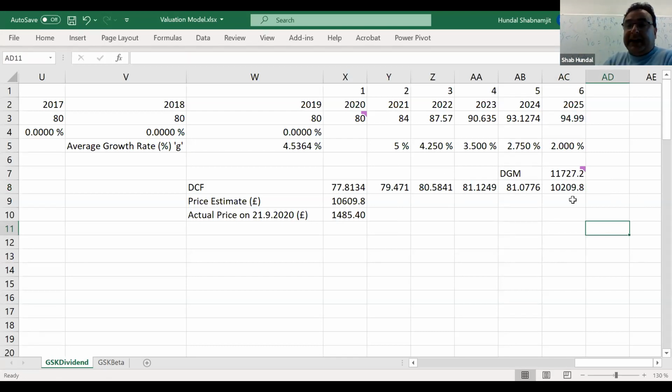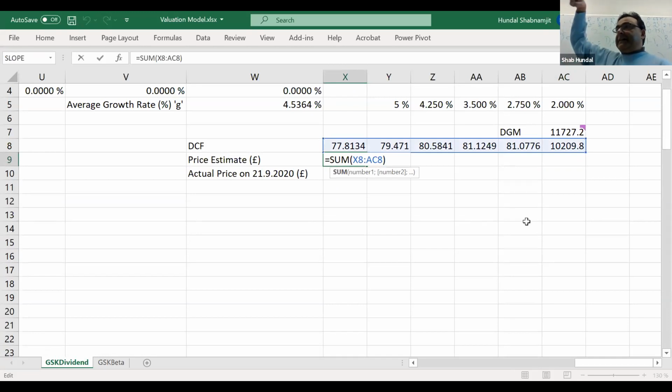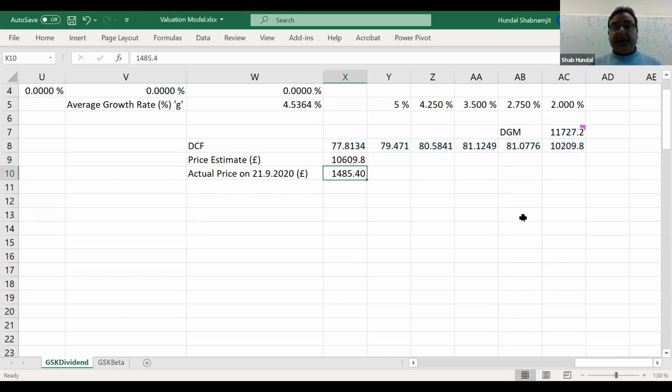And then based on that, we make an estimate that including dividend and everything, this is what you get. And when you sum it up, it comes to this. So I just summed everything. Remember, we had the sigma sign, adding everything? And that comes to be 10609, which is quite high.